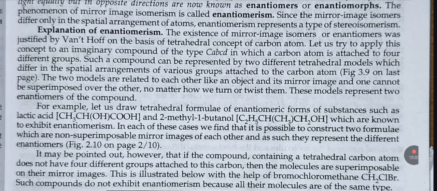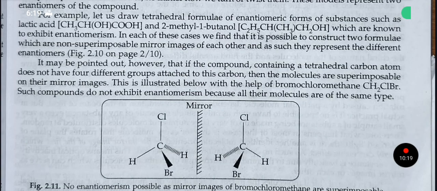This is illustrated below with the help of bromochloromethane. Such compounds do not exhibit enantiomerism because all their molecules are of the same type. This figure shows no enantiomerism is possible, as the mirror images of bromochloromethane are superimposable.